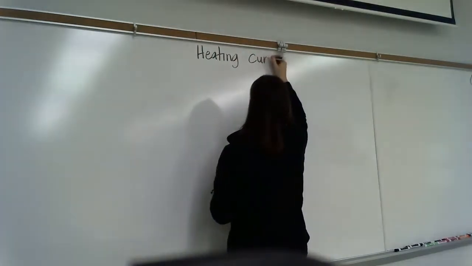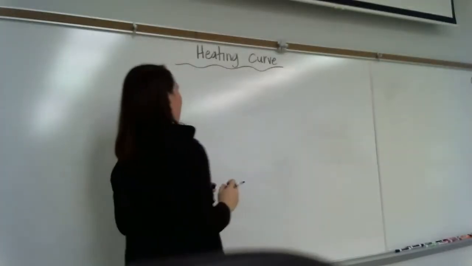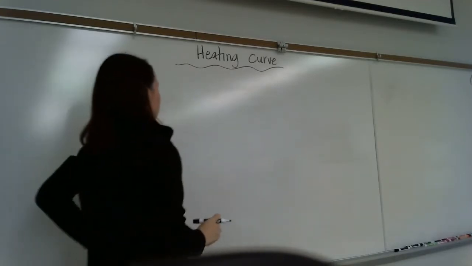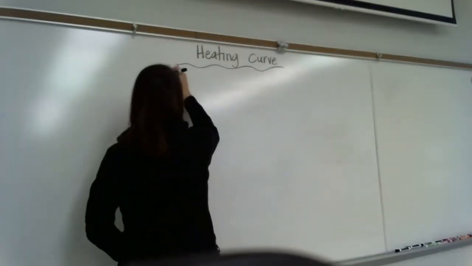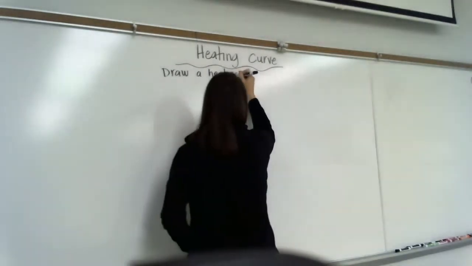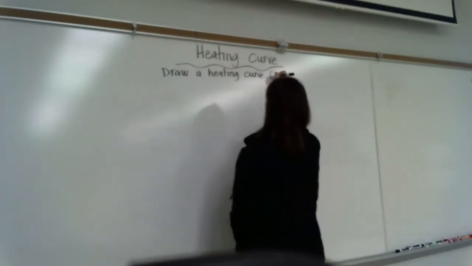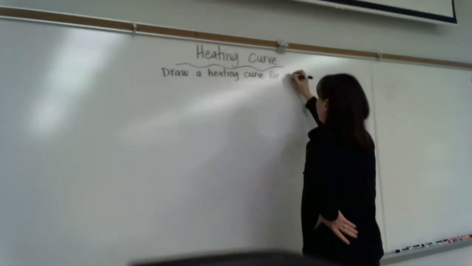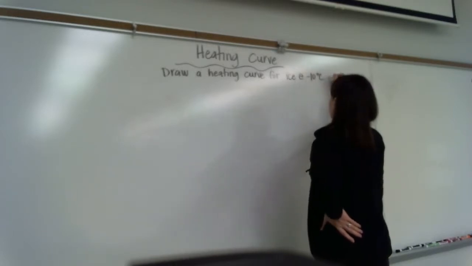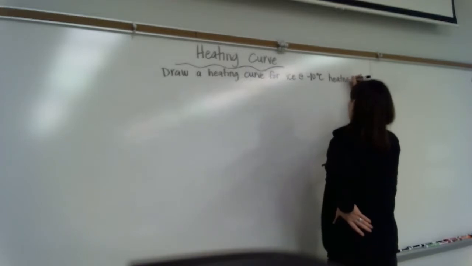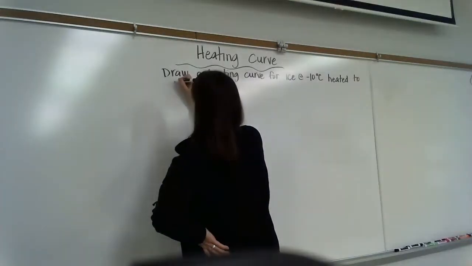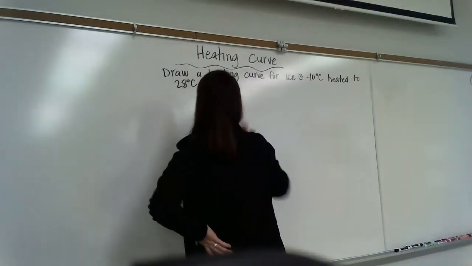A heating curve. All right, I'm going to draw a generic heating curve. All right, so let's begin. Draw a heating curve for, let's say, ice at -10 degrees Celsius heated to 28 degrees Celsius.